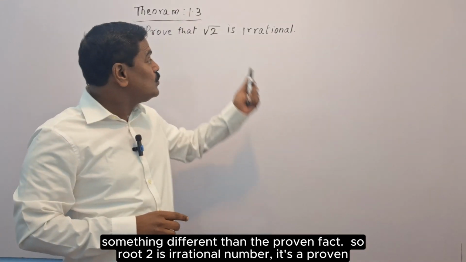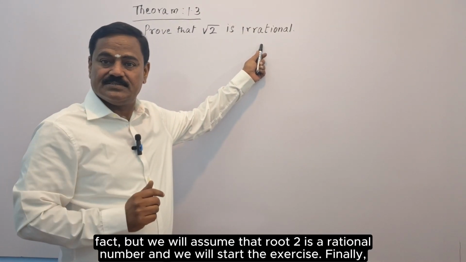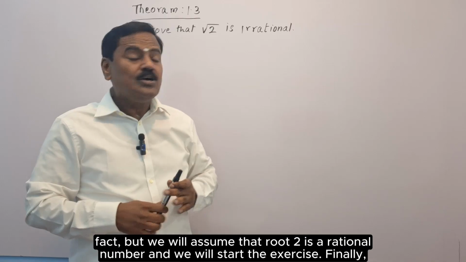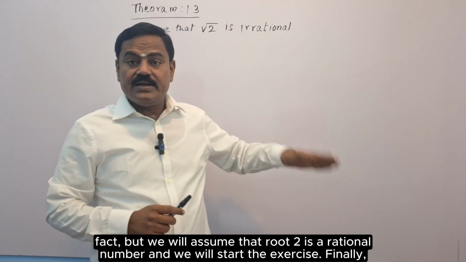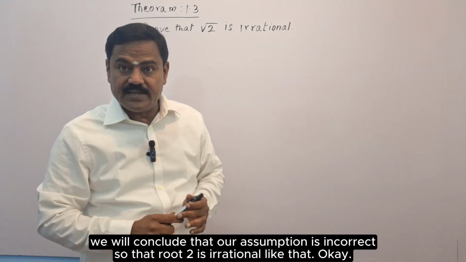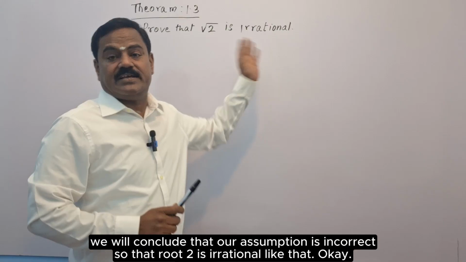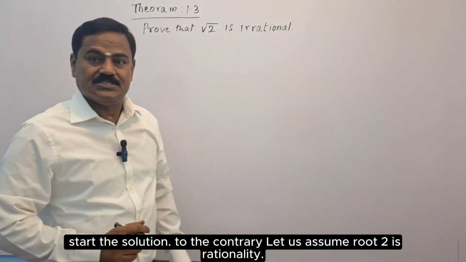Root 2 is an irrational number, it's a proven fact, but we will assume that root 2 is a rational number and we will start the exercise. Finally, we will conclude that our assumption is incorrect, so that root 2 is irrational. Okay, let's start the solution.